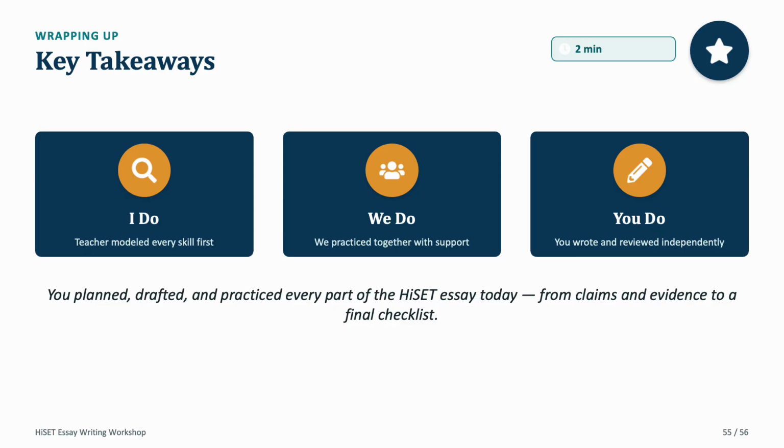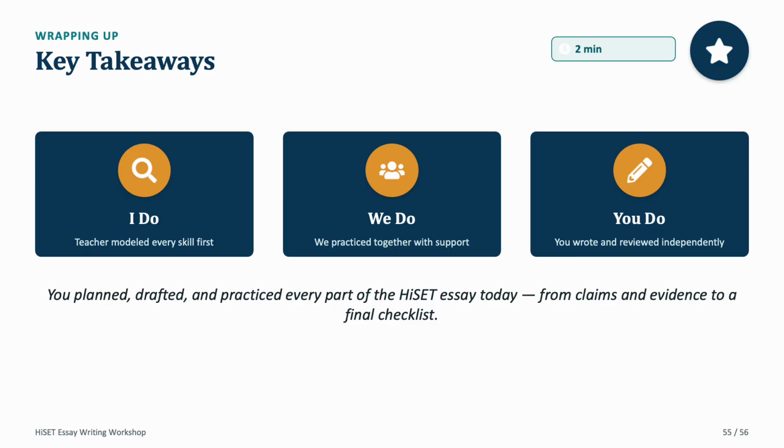Let's look back at what we did today. First, I modeled the process. You watched me read the passages, choose a position, plan, write a thesis, use evidence, address the other side, and organize an essay.